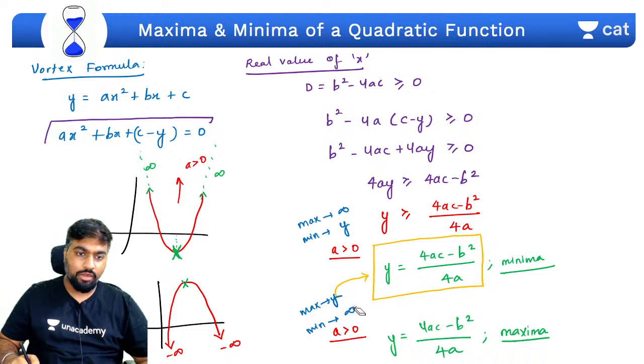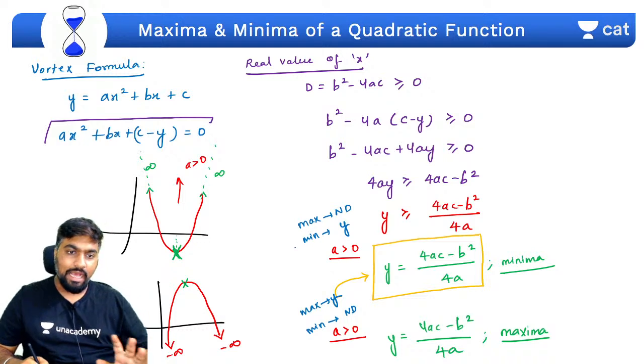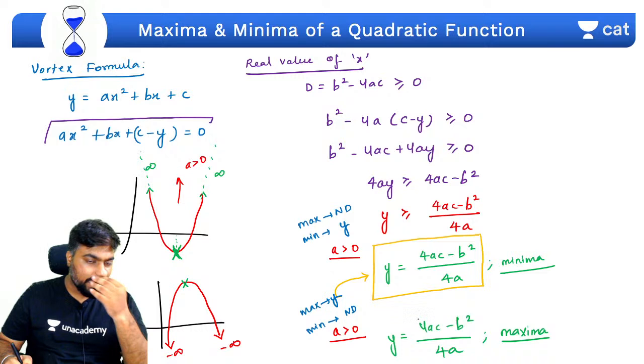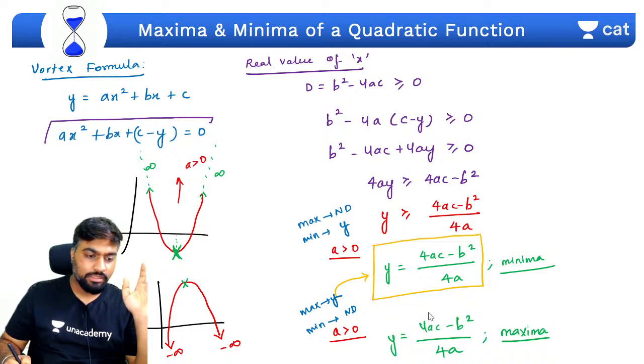Clear? I'll not use infinity, I'll use not defined, because then you'll be like, sir, what happens if we substitute infinity? For both greater than 0 and less than 0 it is the same formula, no changes in the formula. Done?